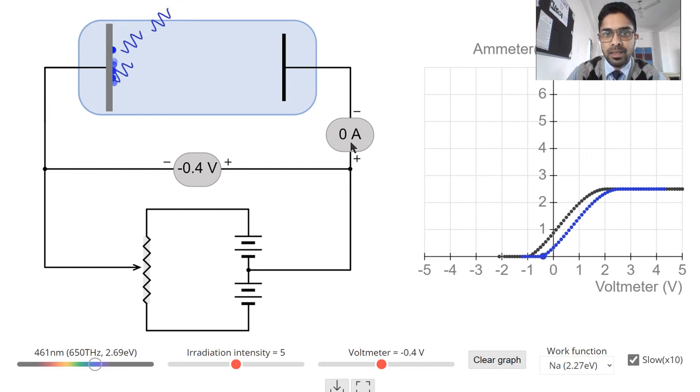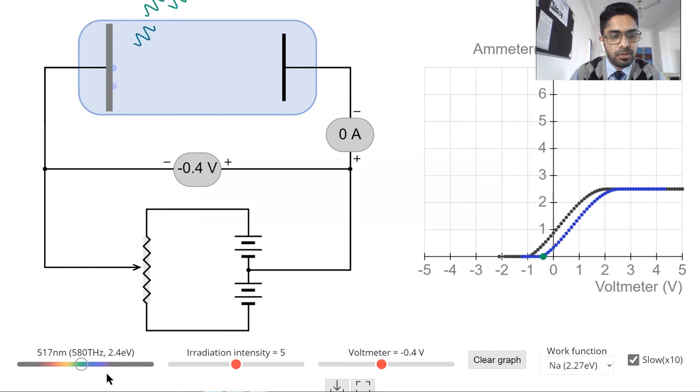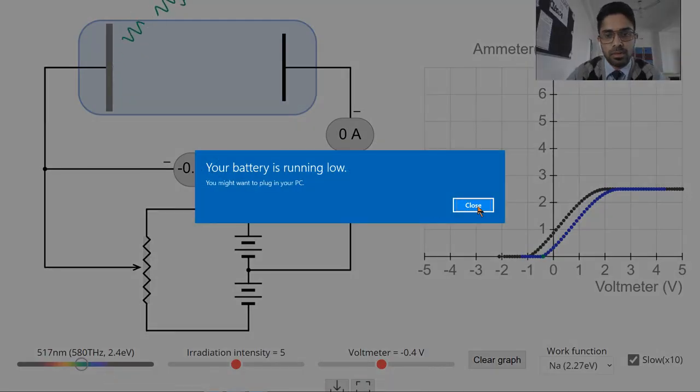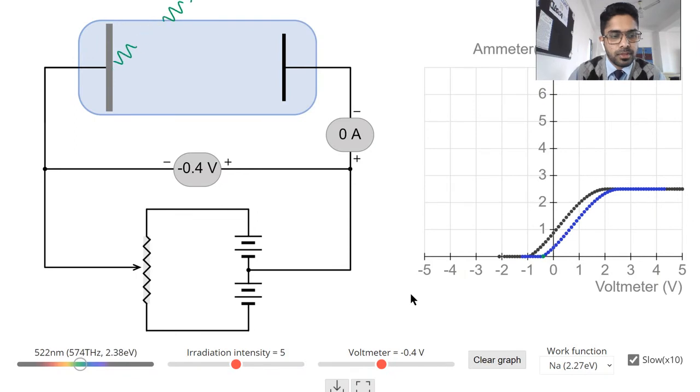So we see the stopping potential changing here, right? If we take light of an even smaller frequency, say, how much lower can we go? Okay, so it is at 570 terahertz. Here you can see at 570 terahertz we have green color.